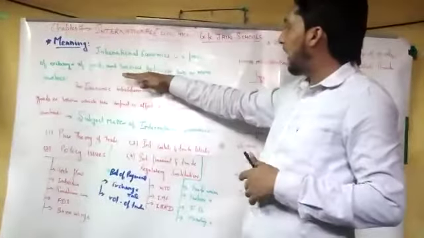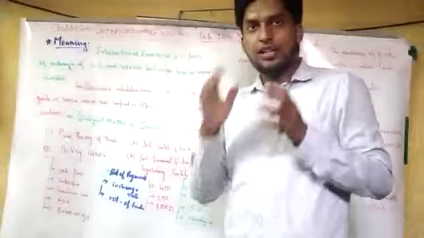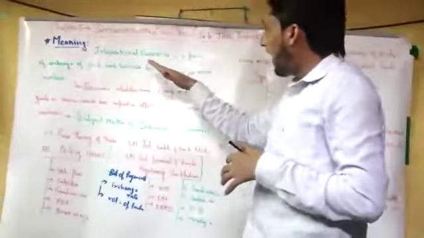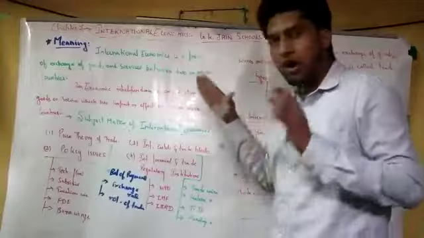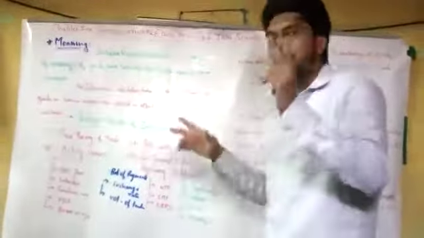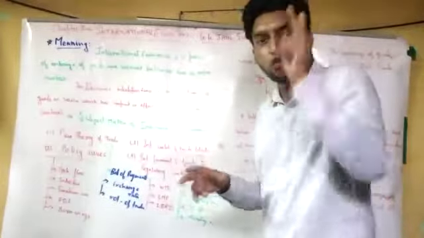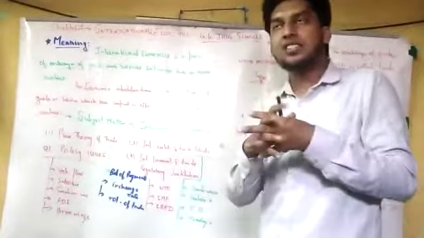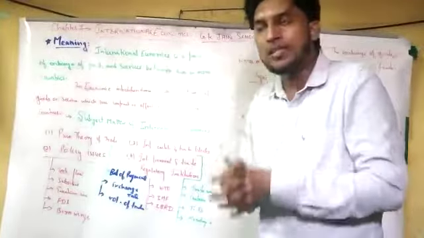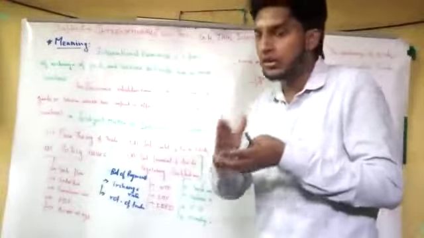That takes place between two or more countries. Once more, let me tell you: international economics means a process of exchange of goods and services between two or more countries. There should be at least two countries so that international market, international pricing, international economics can be made possible.